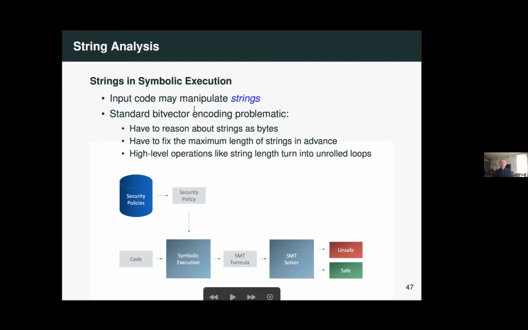So the problem that we had when we started working on this is that if you encode strings the way that programs reason about them, which is as a series of bytes, then you have to reason about this sort of low-level representation of strings. You also have to fix the maximum lengths of the strings, and certain high-level operations like length turn into loops, which are hard to reason about.